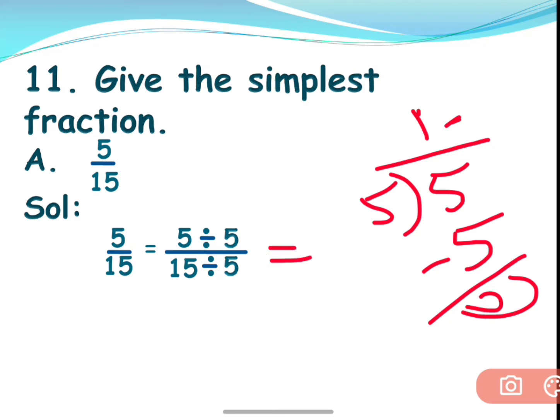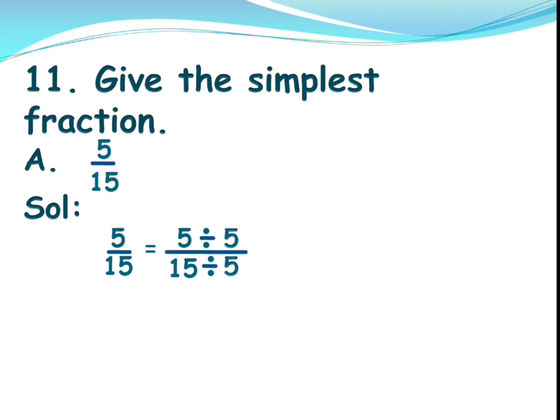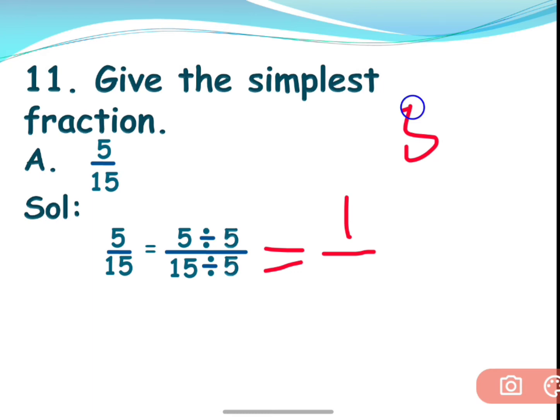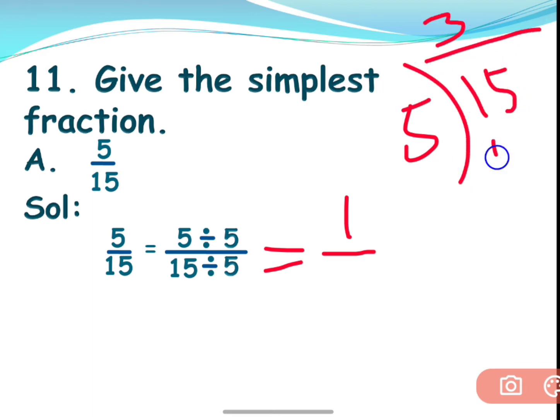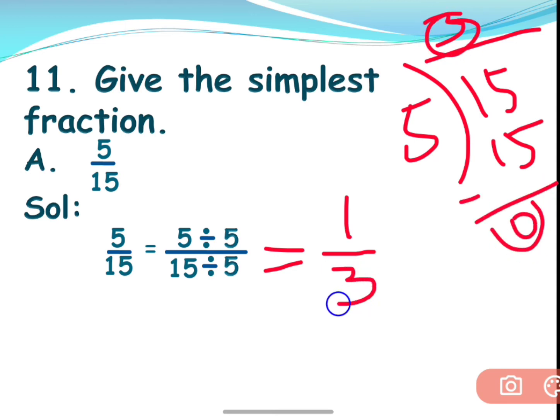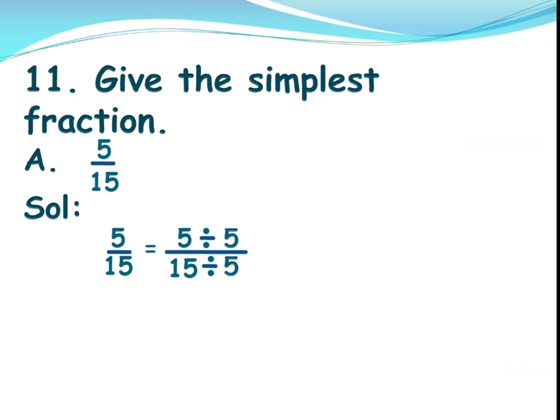And if you do 15 divided by 5, then 5 threes are 15, minus, 0. So the answer is 3. So the answer is 1 by 3. Okay, children. So you will write 1 by 3.